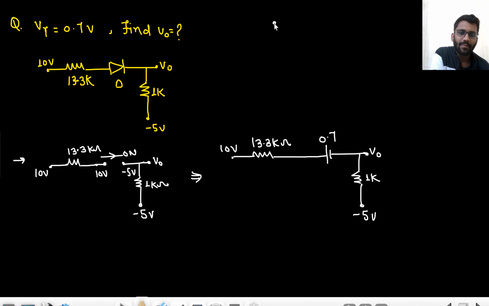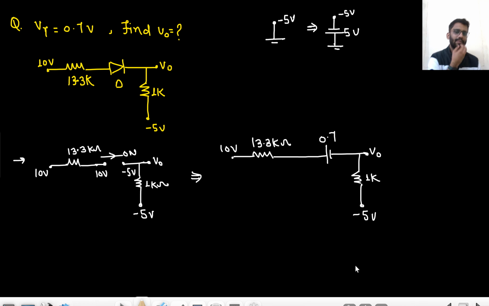Tell me one thing. If I am saying this is my minus 5 volt, what do I mean by that? This is the condition, right? From 0 to here, my potential is minus 5 volt. Are you getting my point?